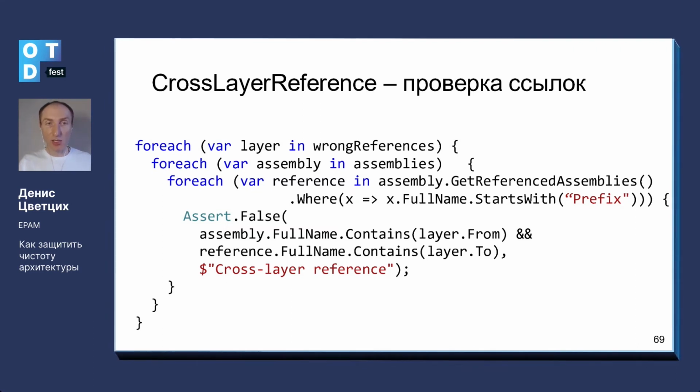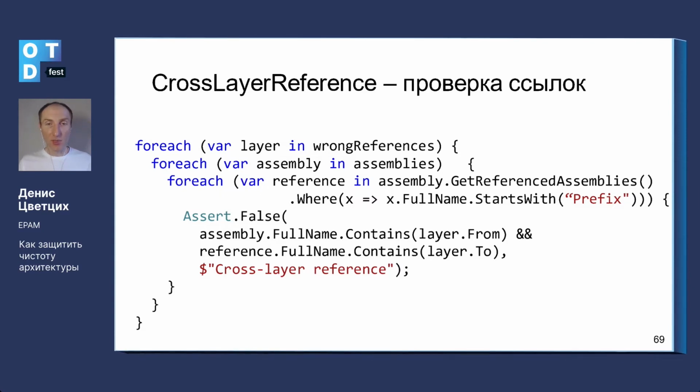So we check all layers. After that we look at all assemblies, and we look at those references that start with the dedicated prefix of our project. If we have one component in the assembly, we have a dedicated component in the reference.